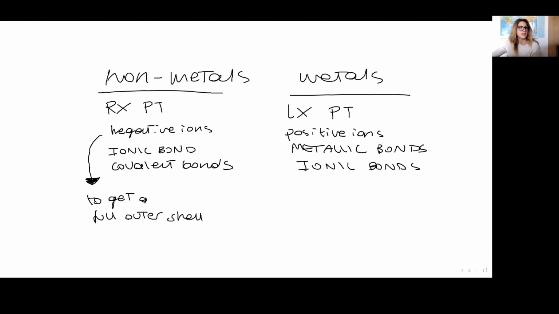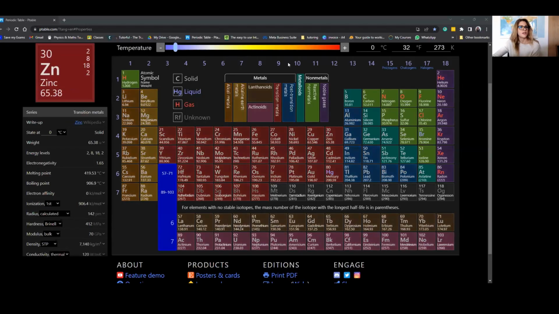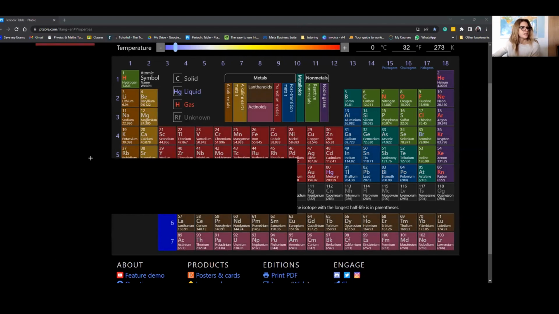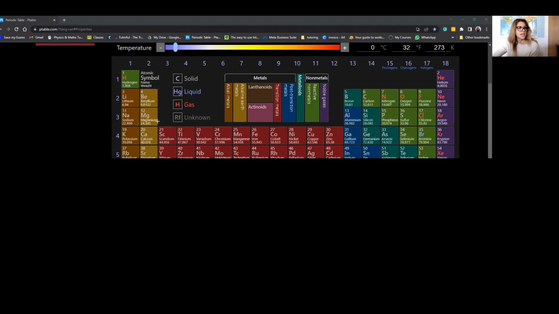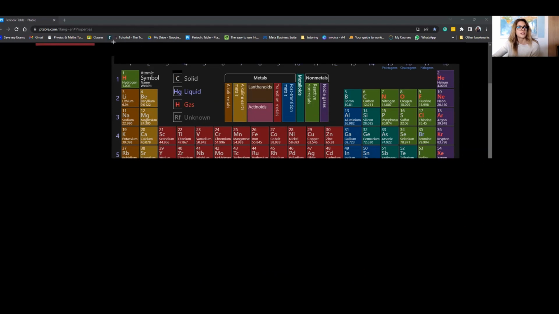So let me share a periodic table with you. Metals, as we said, are on the left-hand side. Hydrogen is not a metal, but we have sodium, potassium, magnesium, calcium, aluminium. All of those are metals. The diagram here helps quite a lot. We don't consider the 18 rule, but just groups 1 to 8.